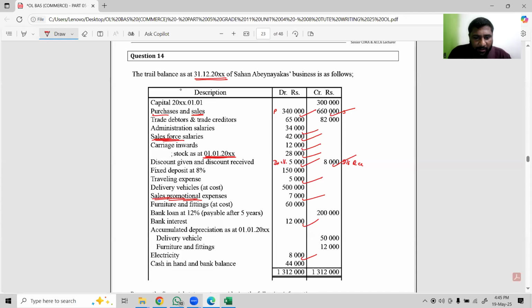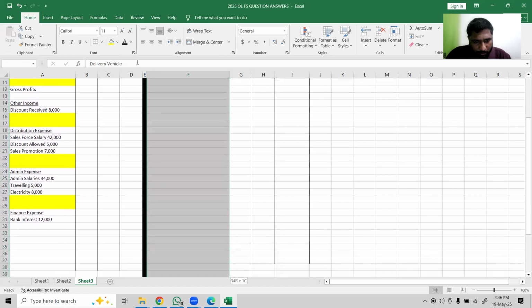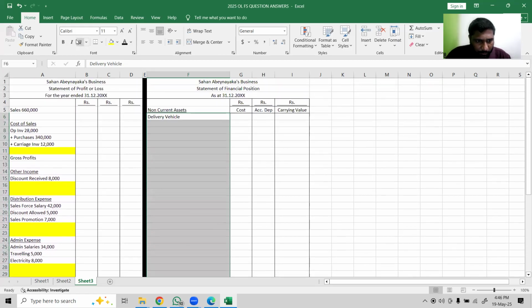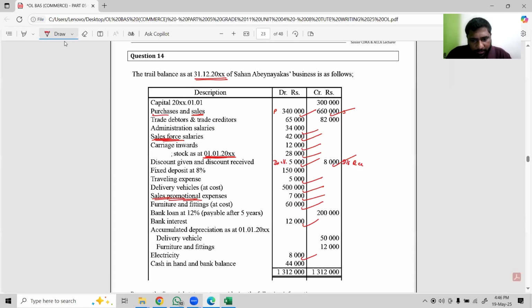Delivery vehicle is there, 5 lakhs. Furniture and fitting 60,000.